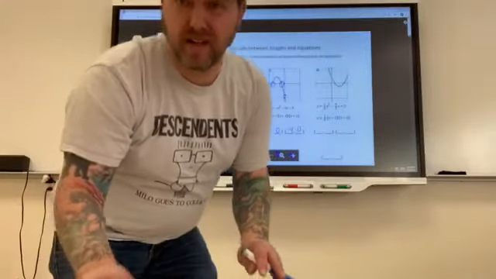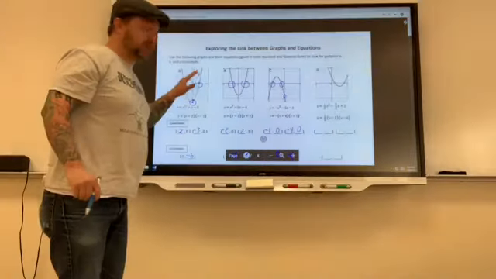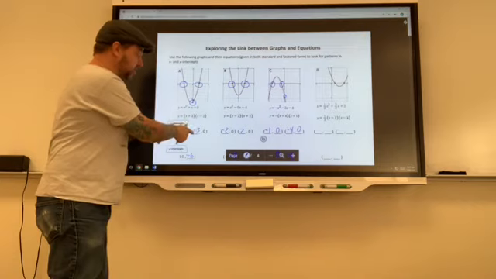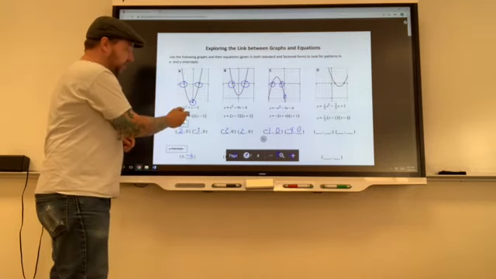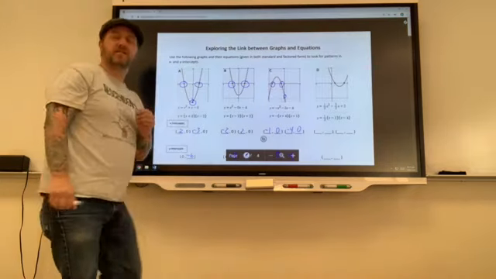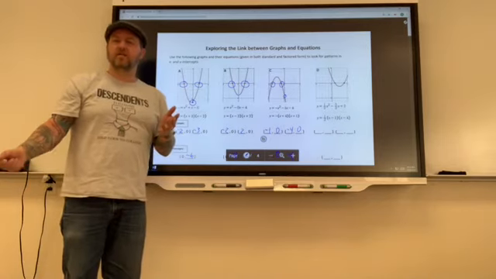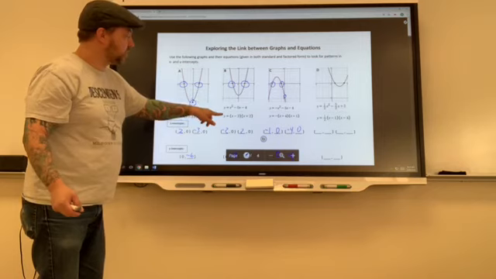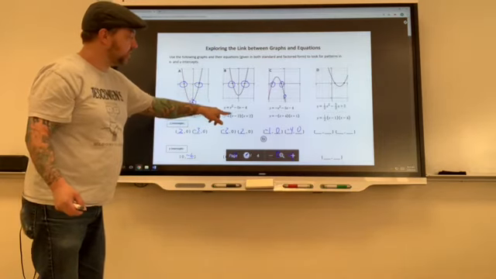Hey, look, the x-intercepts are the solutions, right? Negative 3 plus 3 is 0. Does that make sense? Well, let's think about if we're solving. If I was solving for y equals 0, y would be 2 and negative 2.